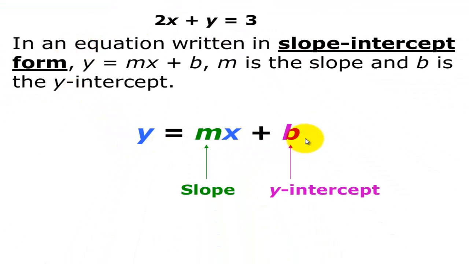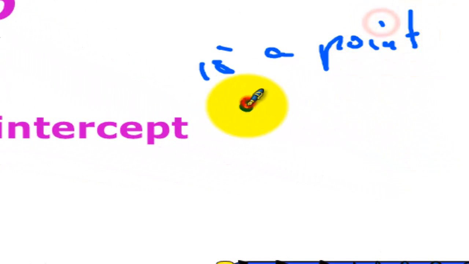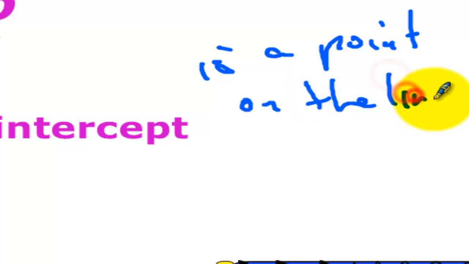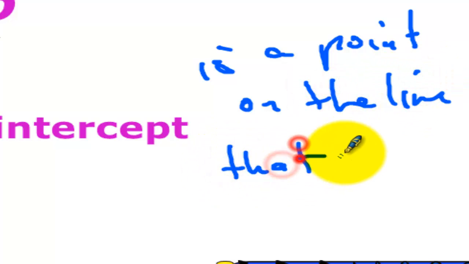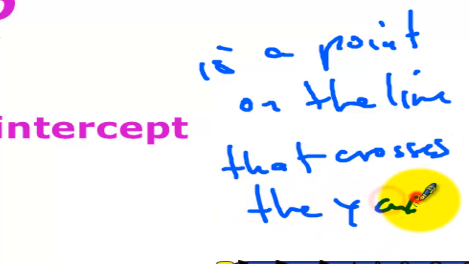So this is our slope-intercept form. m, the number besides your x, is your slope, and the b is your y-intercept. Now note that a y-intercept is a point on the line that crosses the y-axis.